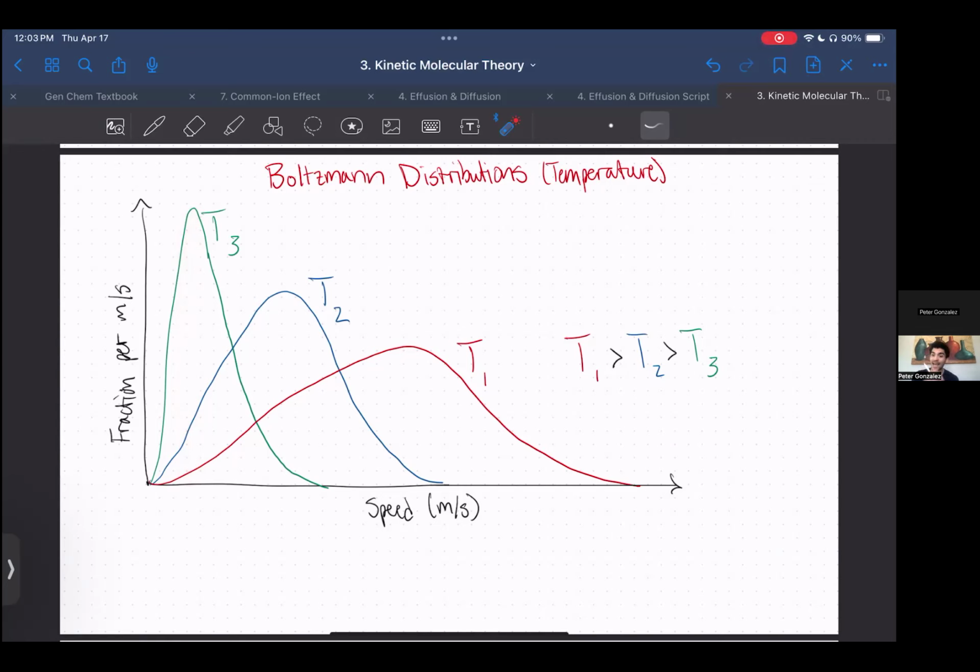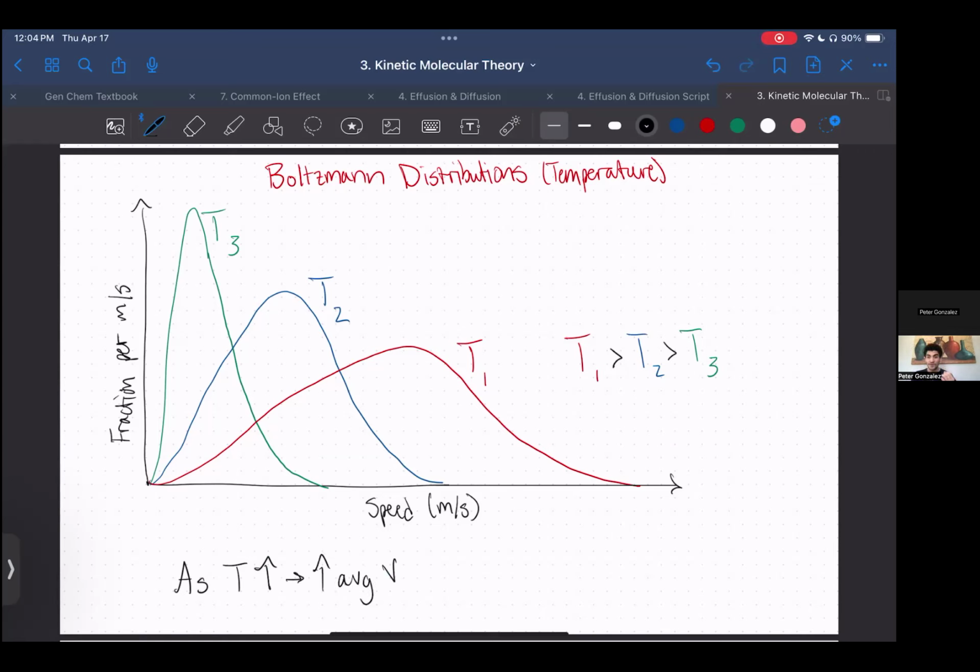But what we have to say is that the average kinetic energy or the average velocity increases. So what you have to say on an exam, for example, is: as temperature increases, this leads to an increase in the average velocity.